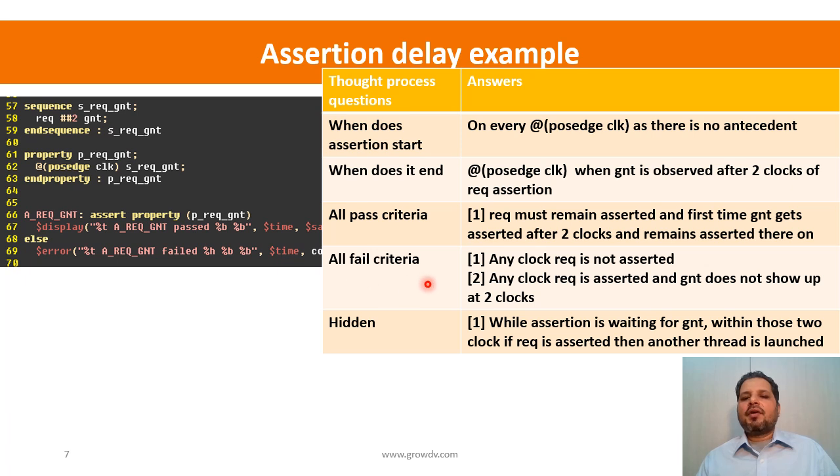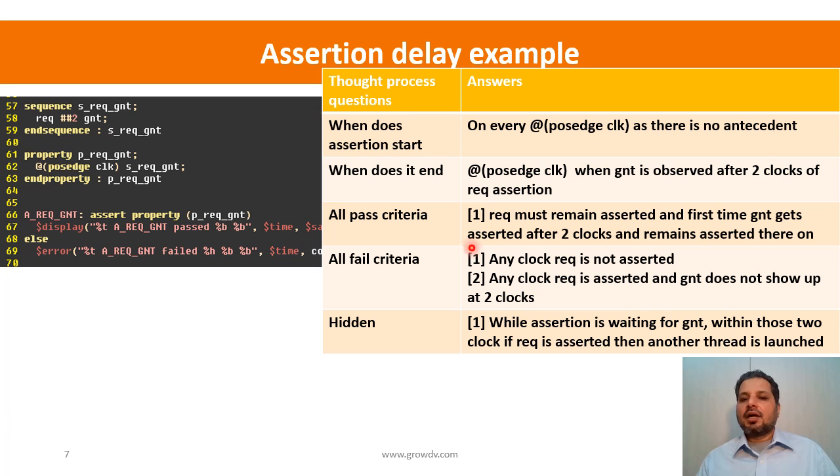Then the fail criteria is any clock where request is not asserted, because there is no guarding condition. See, this is the value that a property construct brings in. The property construct has the implication operator through which it can bring in a guard condition to determine when the validity of this timing expression begins.